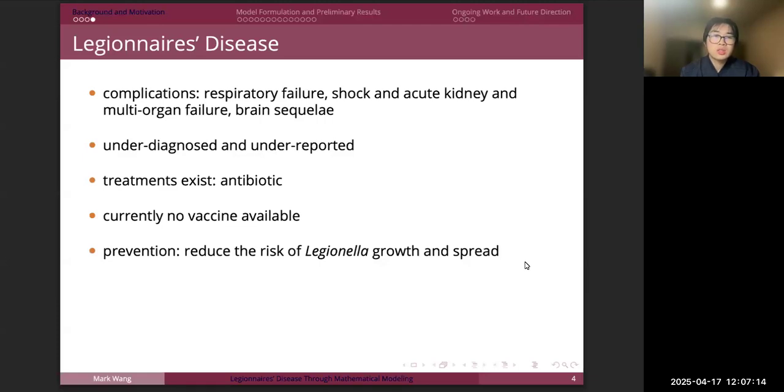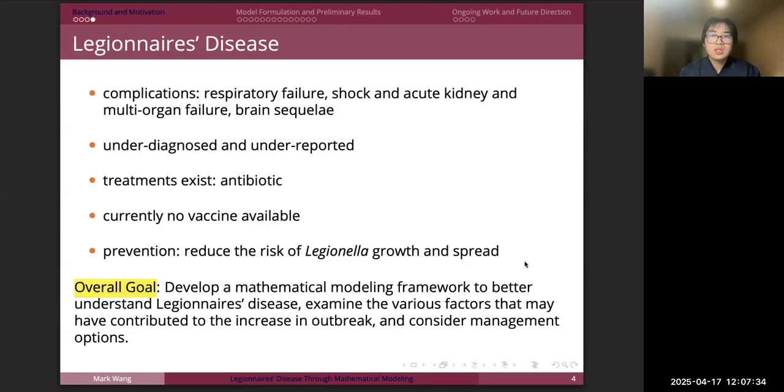Since it's so hard to diagnose and difficult to treat, we wanted to think of a different way to reduce Legionnaires' or the difficulty of dealing with it. That idea is to try to reduce the risk of Legionella growth in the environment. This is the goal of our little research group of me, Christina, Li Hong, and we currently have another undergraduate student working at Harvey Mudd.